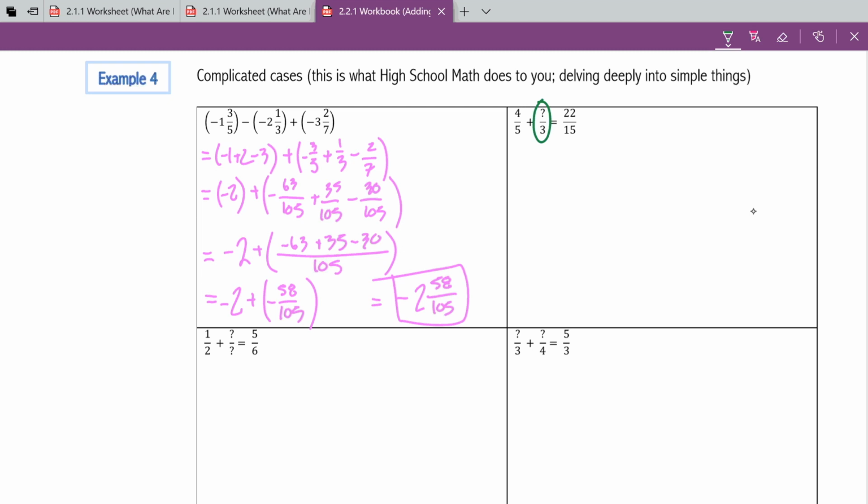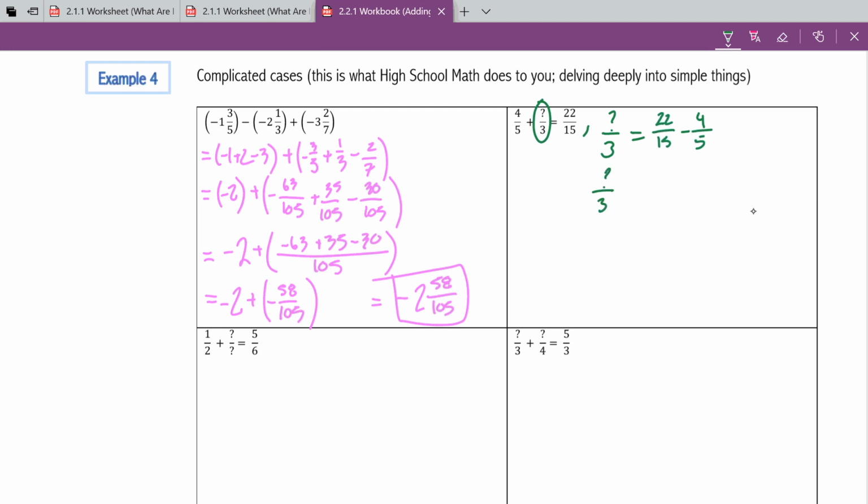So 4/5 plus something equals 22/15. That means that that something, question mark over 3, must equal, well, that first fraction, 22 over 15, minus 4/5. All right? If 4/5 plus something equals 22/15, then that something must equal 22/15 minus 4/5.